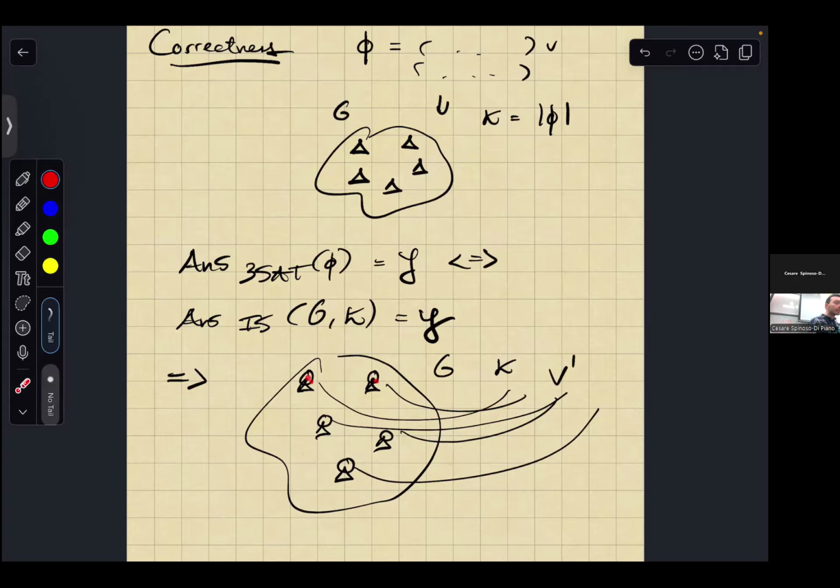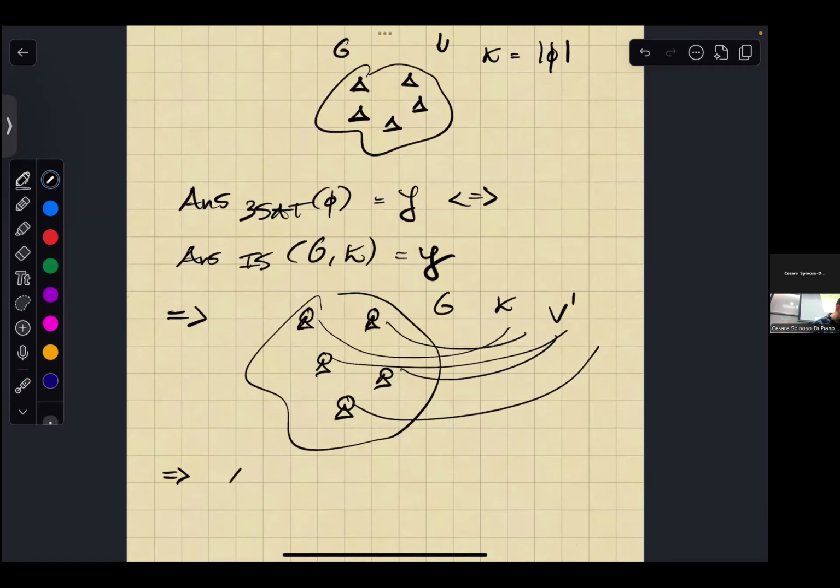Because none of these vertices are connected; the triangles are the only connections I have. So I definitely have that the answer to the independent set problem is yes. Okay, good to know. But this is not really going to work in the backward direction.